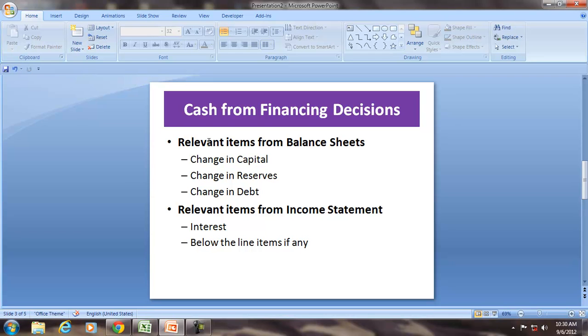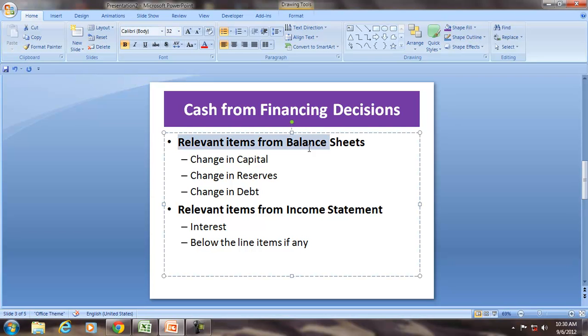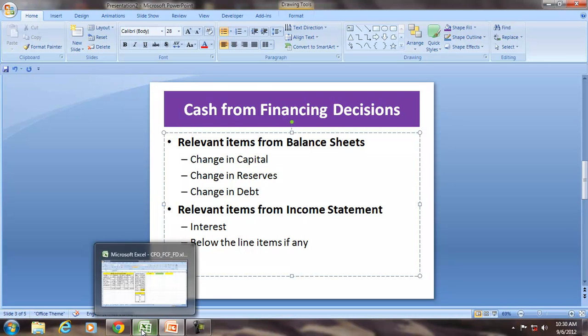And therefore, it is necessary to see the relevant items from the balance sheet. The relevant items on the balance sheet are the change in the capital, the change in the reserves, the change in the debt. By observing the changes in the capital, reserve and debt, it is possible to find whether the business has raised money or paid off money. Let us see that.